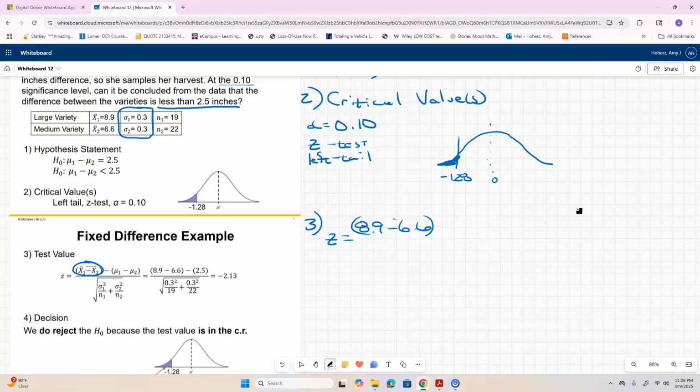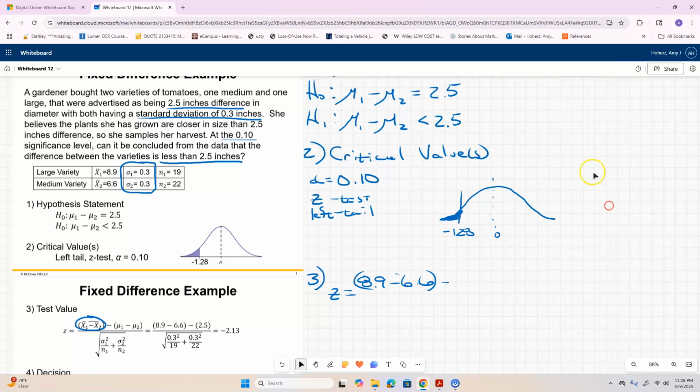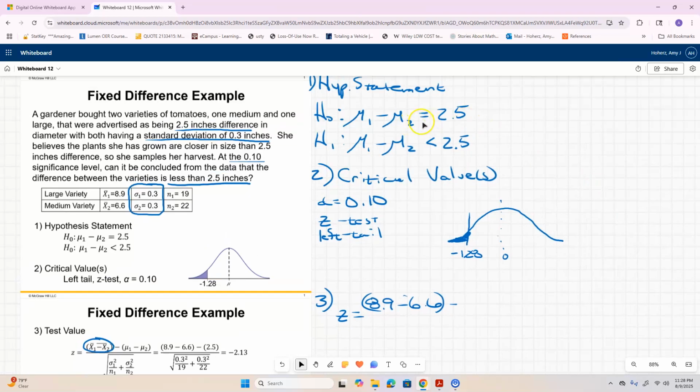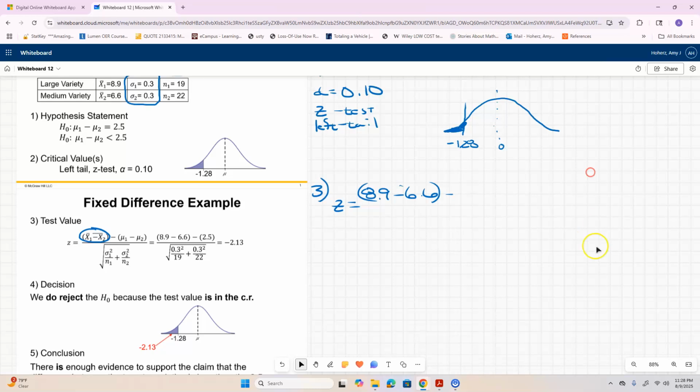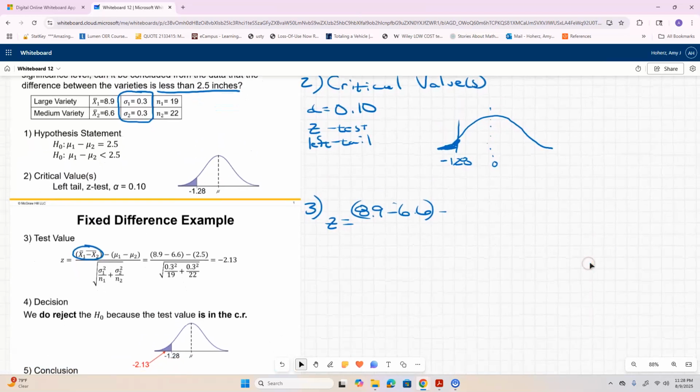And then we don't have to compute this. We know from our hypothesis statement and from the statement above that we think the difference between them is 2.5. So the difference between mu1 and mu2 from our hypothesis statement is 2.5. So that's this portion of the formula.